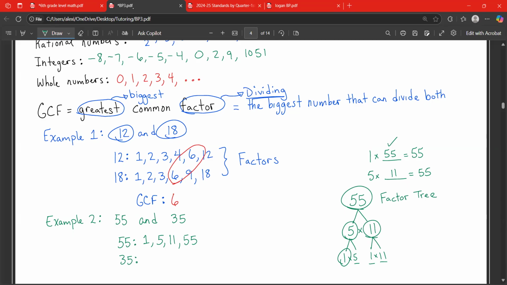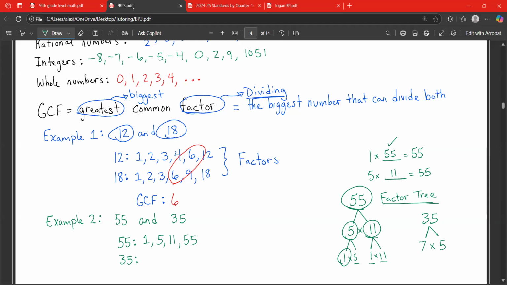So if I'm dealing with small numbers, I can just write out the factors, no problem. But if my numbers get bigger, I might want to use a factor tree. Okay? All right, so now 35. Let's do a factor tree for 35. What two numbers can you multiply together to get 35? Hopefully you said 7 times 5.